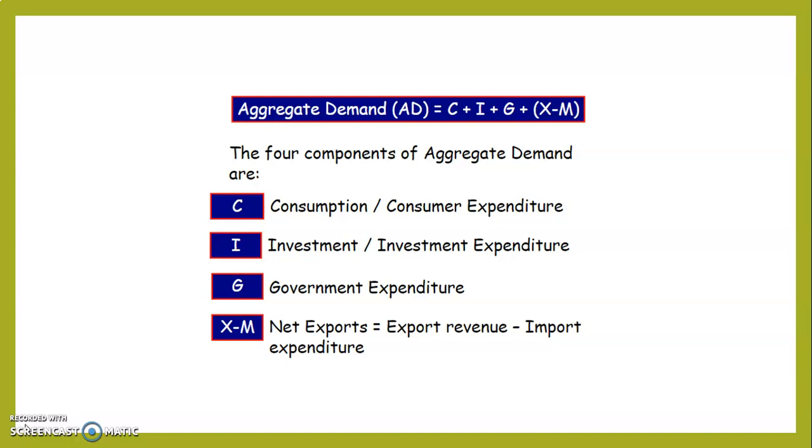If they want to increase the aggregate demand, which we call expansionary fiscal policy, they are going to lower the tax rates. If they want to lower the aggregate demand, they are going to apply the contractionary fiscal policy, so they are going to increase the tax rates.